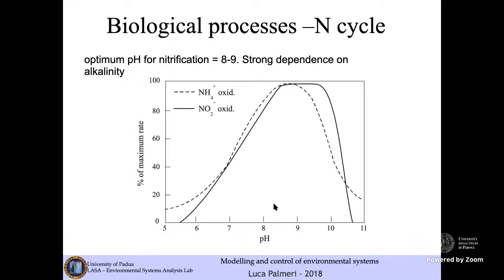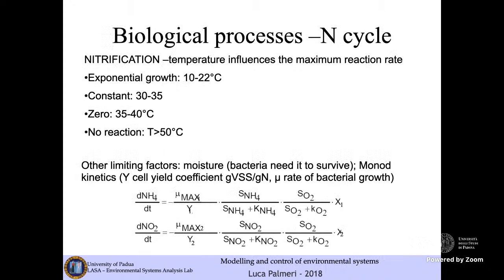If, for example, you want to evaluate the nitrification process that takes nitrogen away from a water body, then you not only have to control the nitrate concentration, because nitrate concentration is the limiting process. Instead, you also have to control the pH.